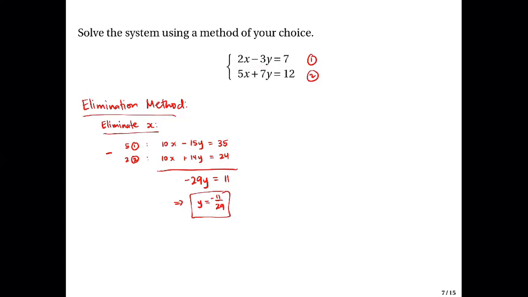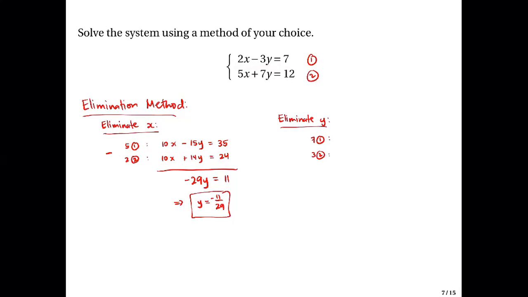And then for the variable x, let us eliminate y. So for this part, what we're going to do is to multiply the first equation by 7, and then the second equation we multiply by 3.